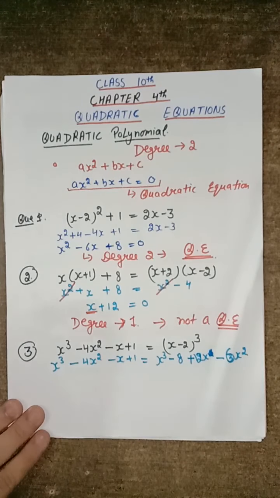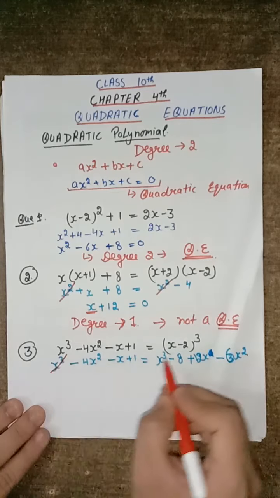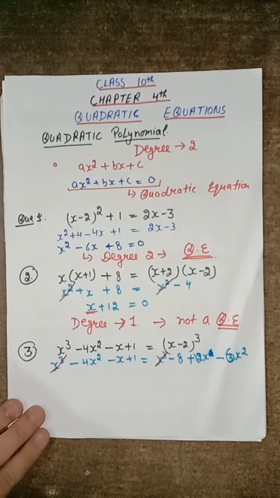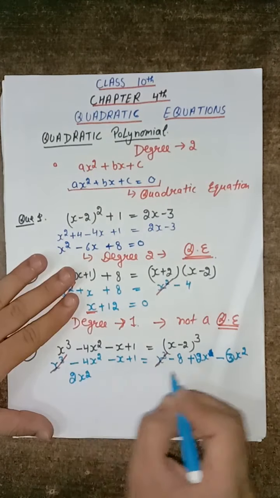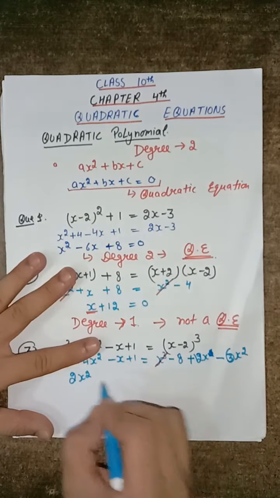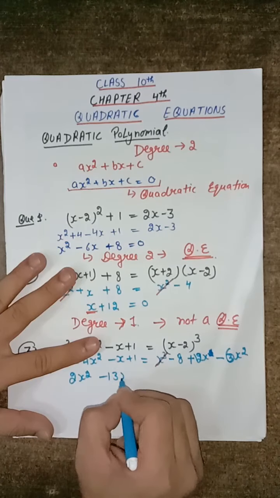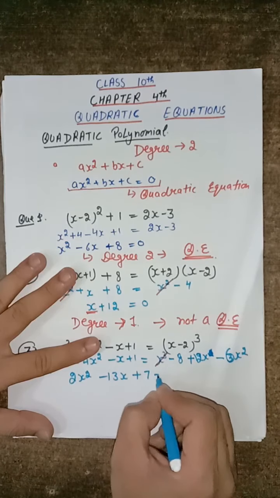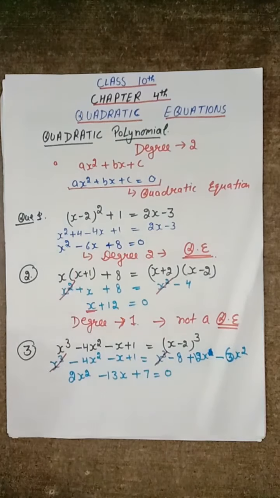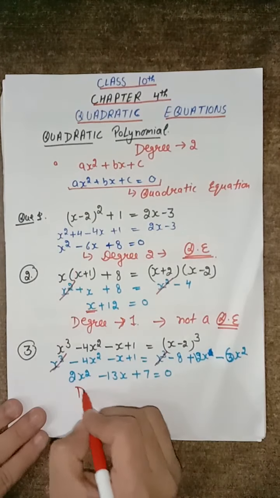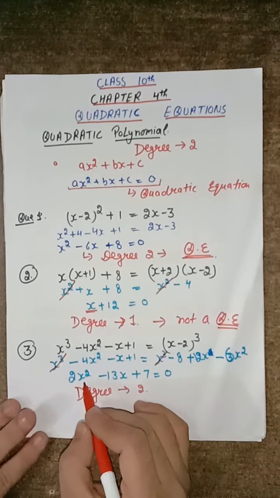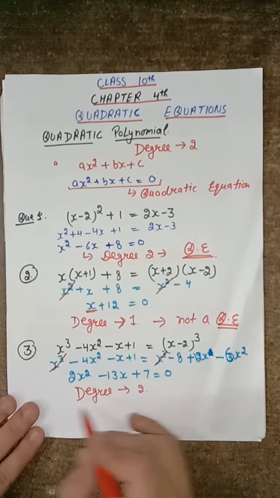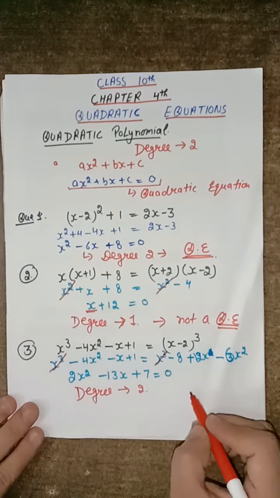Now if you check, this x cubed will be cancelled out with the other x cubed and we are left with only 2x squared minus 13x plus 7 equals 0. And here my degree is 2 because the highest power is 2. So this is a quadratic equation.